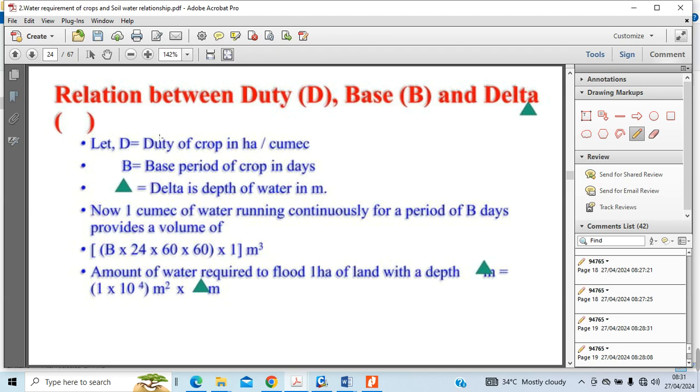The relation between duty, base period B, and delta: duty D in hectare per cumec, base period B in days, delta is the depth of water in meters. One cumec running continuously for a period of B days provides a volume of water. The amount of water required to flood the area with the depth delta.